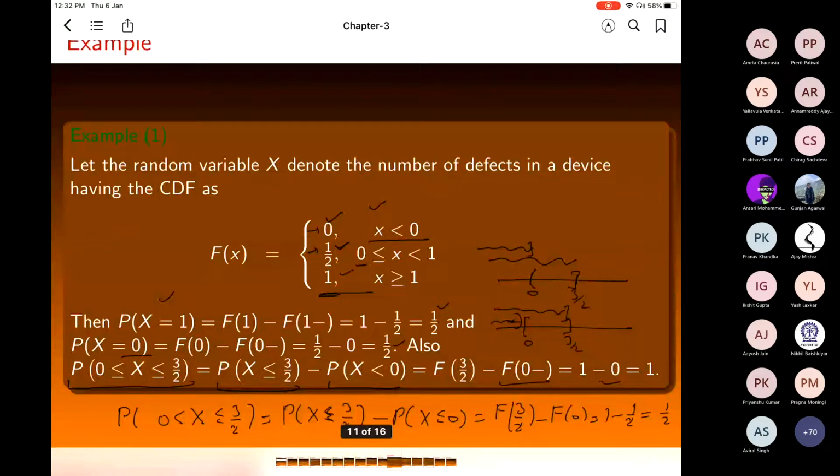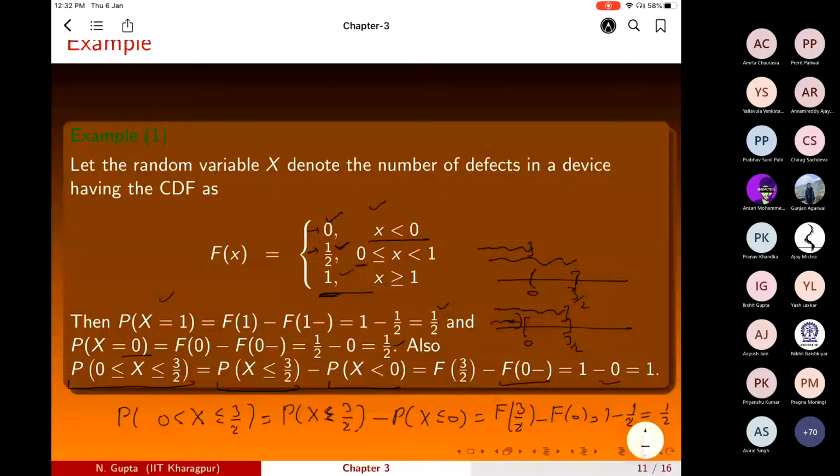Because what is the definition of the CDF? Definition of CDF is: F of x is the probability that X is less than or equal to small x. But this CDF is given to us. Okay, sir. So just replacing that function by F of this.